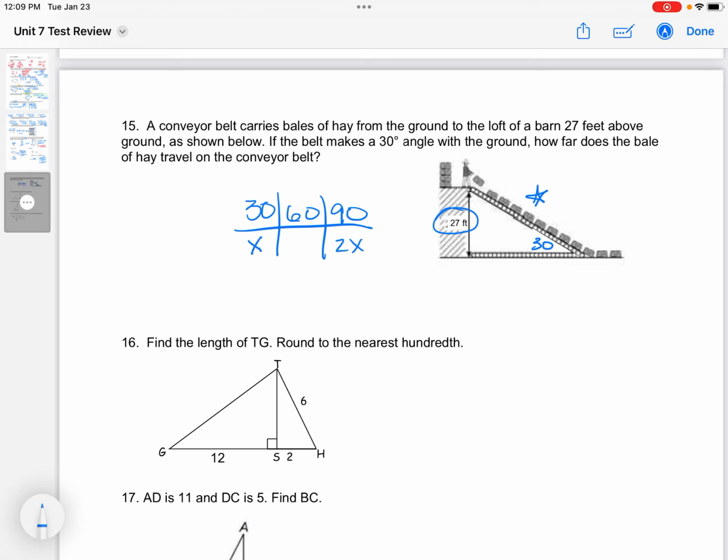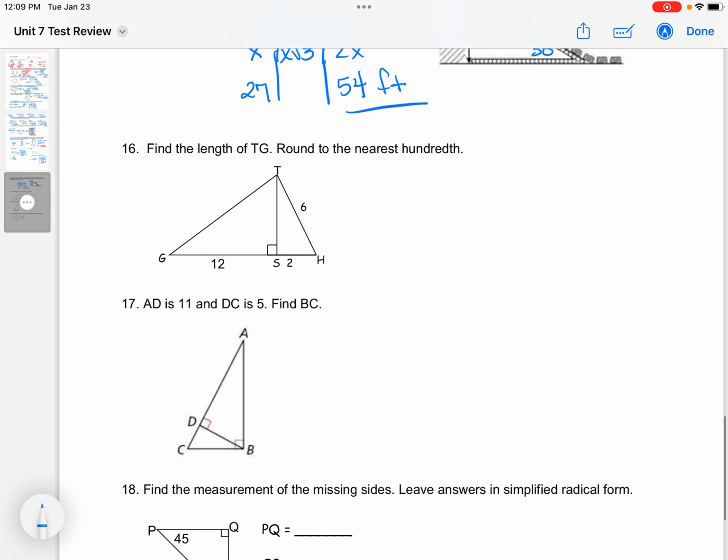So, x, 2x, x square root 3. So, if this is 27, this is 54, which is how far the hay travels up the hypotenuse.